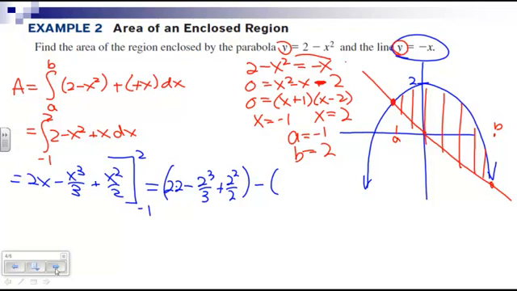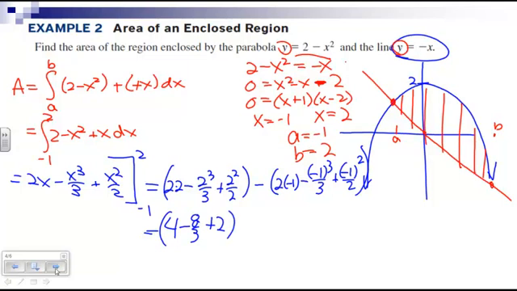Minus 2 times negative 1 minus negative 1 cubed over 3 plus negative 1 squared over 2. 4 minus 8 thirds plus 2 minus negative 2.